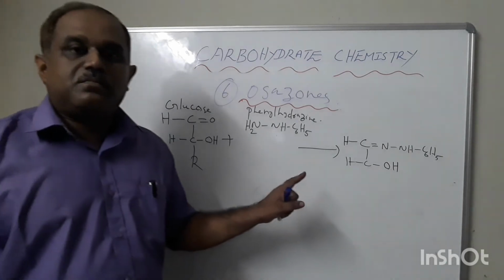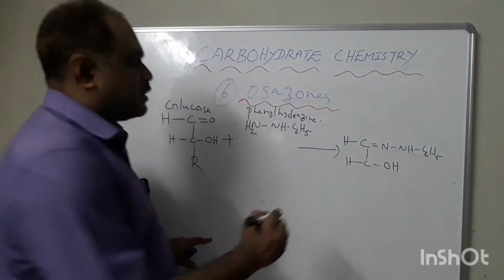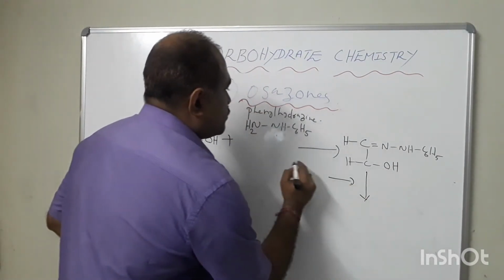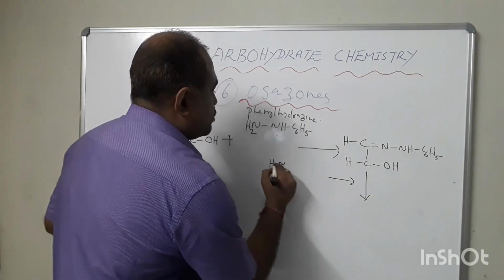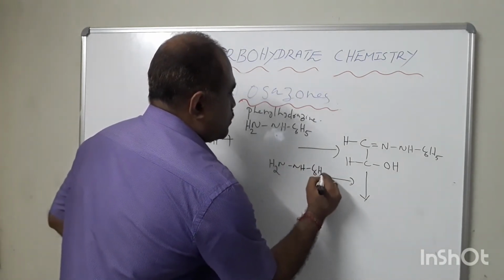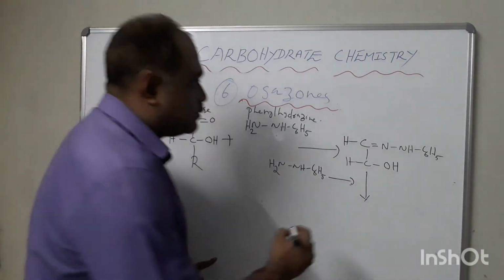So first it forms hydrazone. It reacts with one more molecule of phenylhydrazine, and it gives the corresponding osazone.